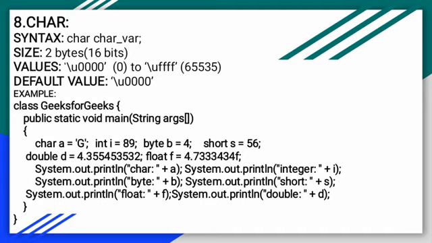Its size is 2 bytes, that is 16 bits. It takes values from 0 to FFFF, that is 65535. Its default value is \u0000. That is pretty much about character.